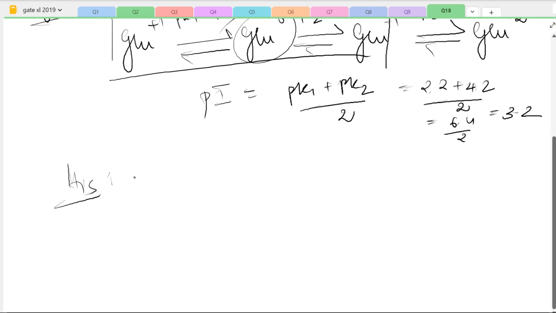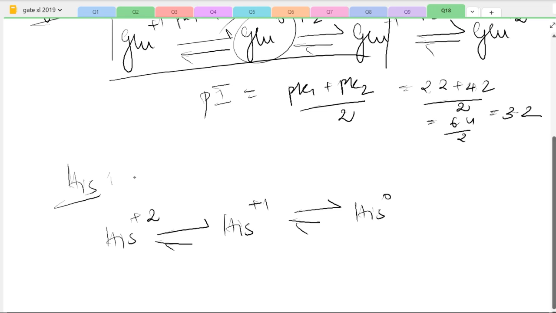Now let's go with histidine. For histidine, we know it's a positively charged amino acid, so it can go up to histidine plus 2, in equilibrium with histidine plus 1, in equilibrium with histidine with electrically neutral charge of 0, and in equilibrium with histidine minus 1. That's the maximum negative charge it can go. And here if you have pK1, pK2 and pK3, write it in ascending order.